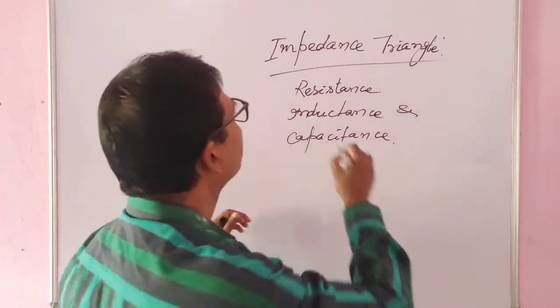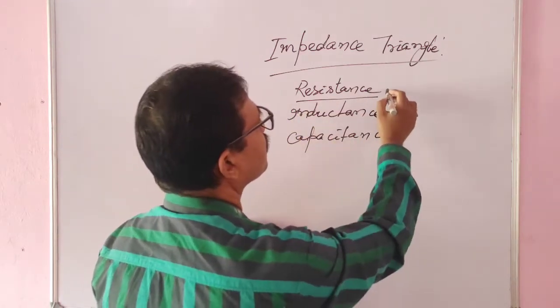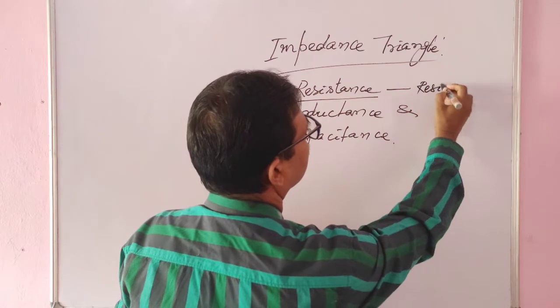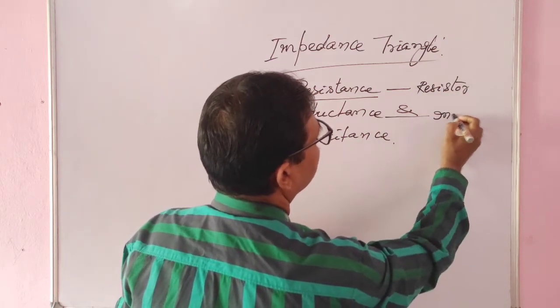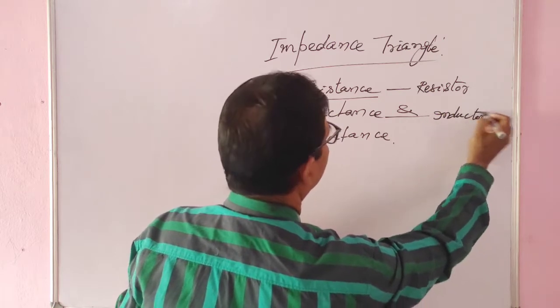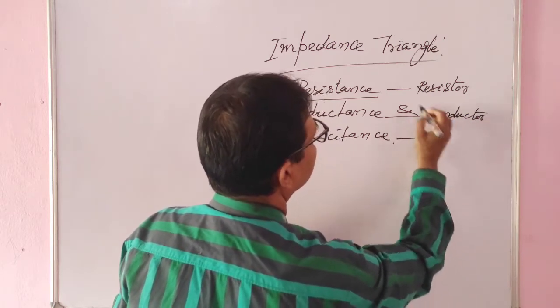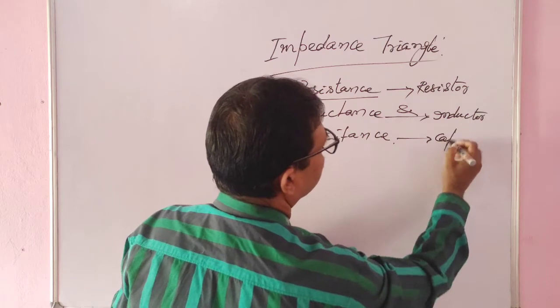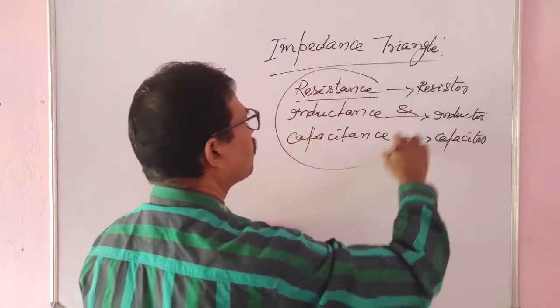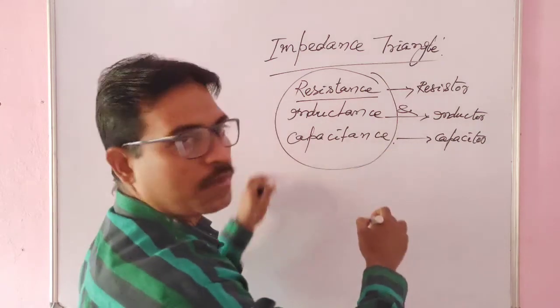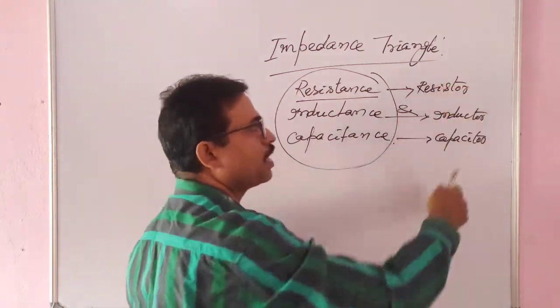Okay, follow me. Resistance, resistor connected with resistor. Inductance connected with inductor. Capacitance connected with capacitor. Clear? All are the property, opposition factors, but these are the device.